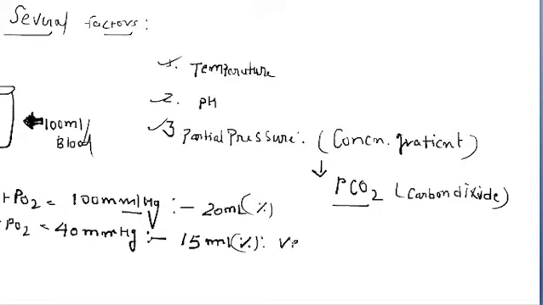This is the venous blood, and this is the arterial blood. We have some physiology concepts that are required for better understanding.